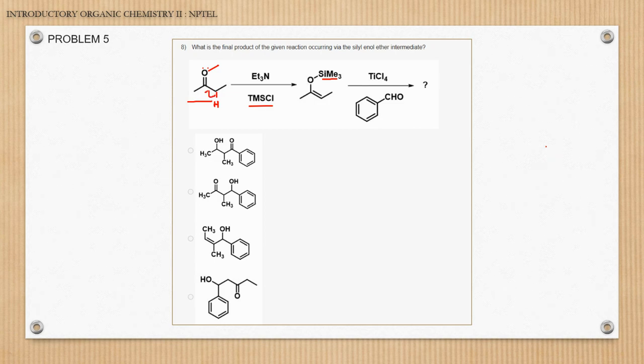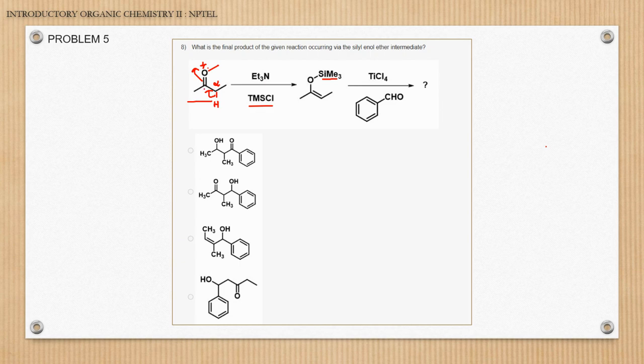So what will happen? It will form a complex with this, and now this proton becomes very much acidic because it has to go here and stabilize the positive charge that is coming at the oxygen. After this lone pair attacks the silyl and chloride leaves, what will happen? This positive charge is getting generated at the oxygen, and the driving force is to neutralize the positive charge present on the oxygen. So now this proton at the alpha position, which cannot be abstracted solely by the triethylamine as we have seen earlier, now here TMS chloride will help make the alpha hydrogen acidic by coordinating with oxygen.